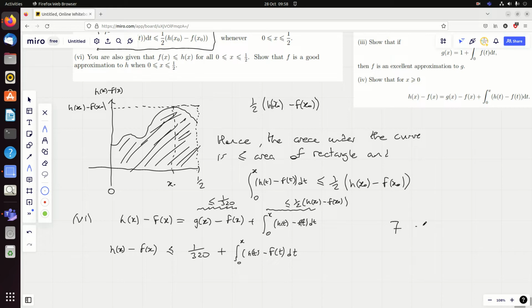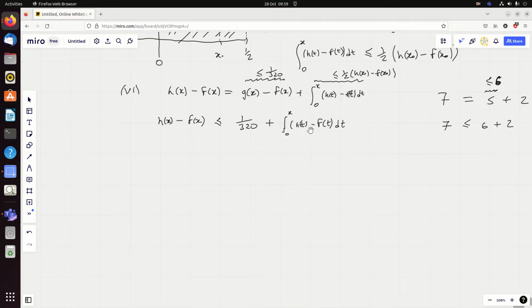If you've got 7 equals 5 plus 2, which indeed it does, if you know actually that 5 isn't 5 but is less than or equal to 5, then what you can say, well, less than or equal to 6, because 5 is less than or equal to 6, then what you can say is 7 is less than or equal to 6 plus 2. Of course you can, because 7 is less than or equal to 8. Do you see where I'm going with that? I'm just justifying how I can swap that in for 1 over 320.